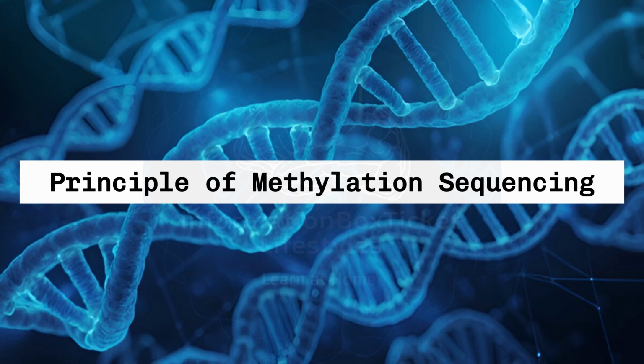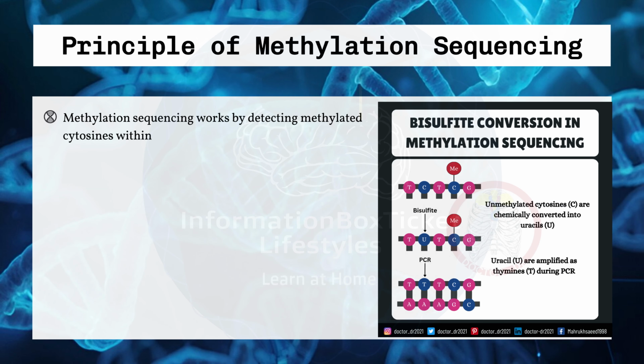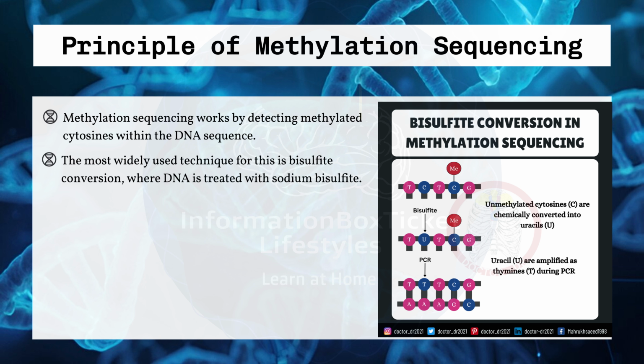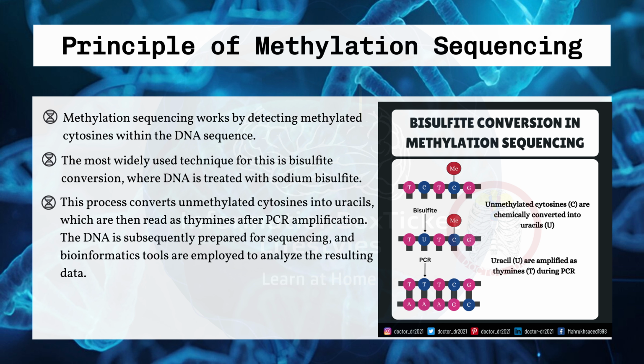Principle of methylation sequencing. Methylation sequencing works by detecting methylated cytosines within the DNA sequence. The most widely used technique for this is bisulfite conversion, where DNA is treated with sodium bisulfite. This process converts unmethylated cytosines into uracils, which are then read as thymines after PCR amplification.